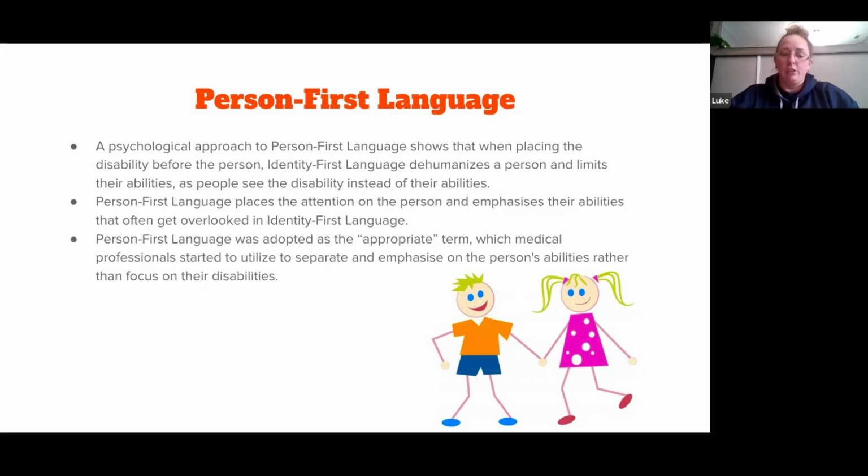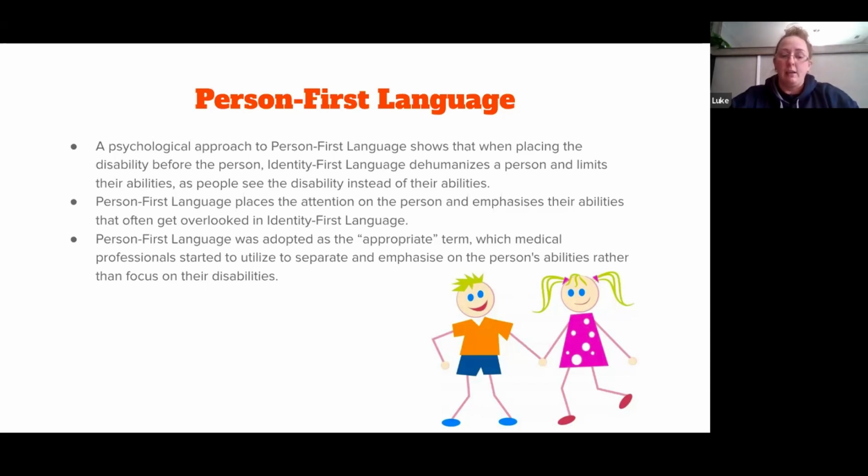Person first language decreases stereotyping and focuses on the person and their abilities, while identity first language places the disability first and ignores and blocks the individualistic characters that give a person the ability to participate. Person first language was adopted as the appropriate term for medical professionals and is now used by medical professionals to emphasize a person's ability instead of their disabilities.